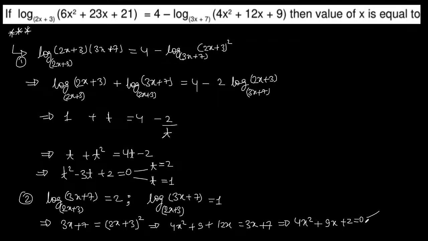So from here we get the value of x as x equal to minus 9 plus minus root under b square, minus 1 by 2, minus 1.